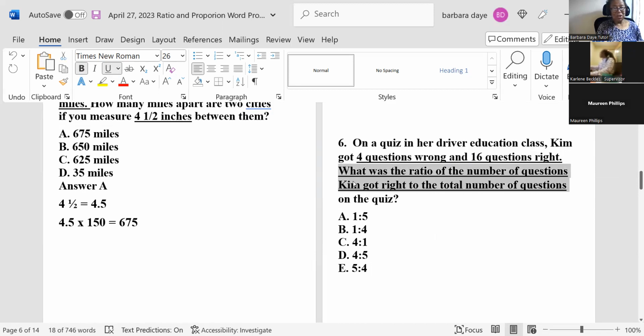What ratio are you looking for? What is the ratio of the number of questions Tim got right to the total number of questions on the quiz?